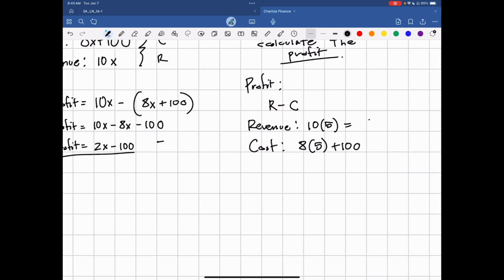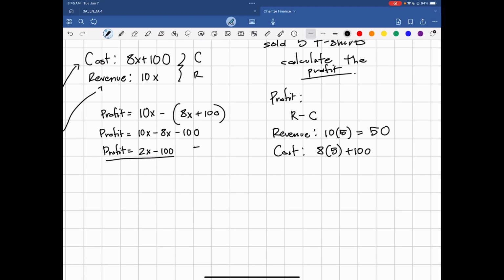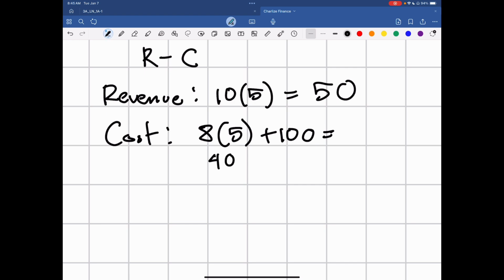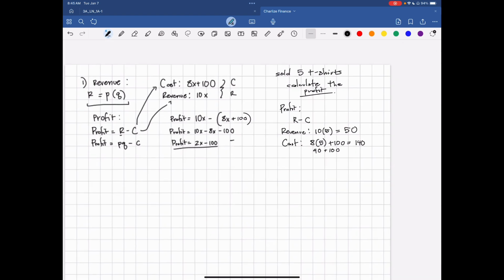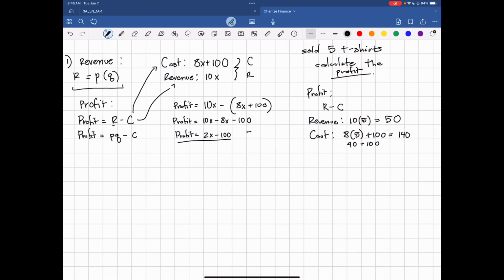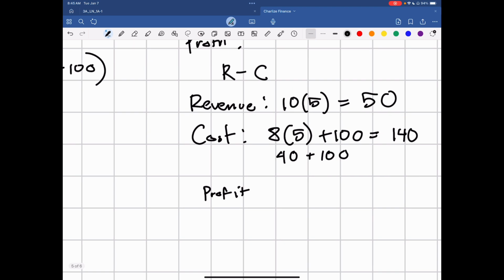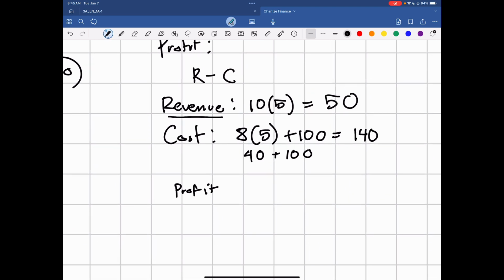And once I get those numbers, I get 50, and I get 40 plus 100 is 140. Then, if I want to calculate the profit, I have my R and I have my C. My R is 50 and my cost is 140.